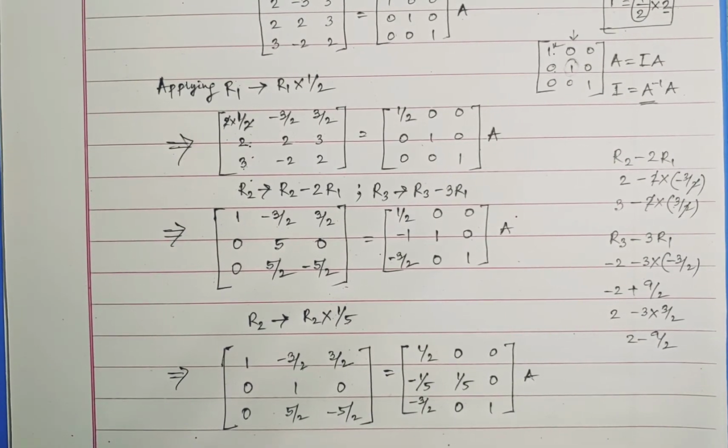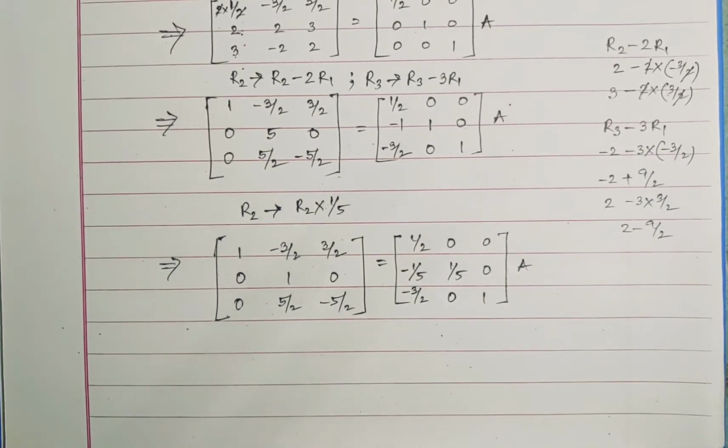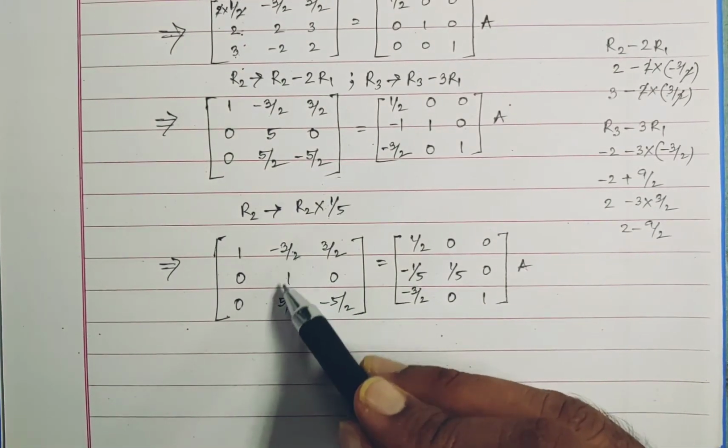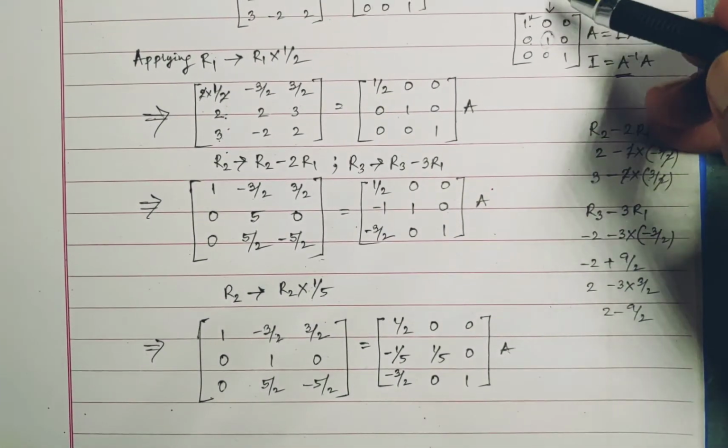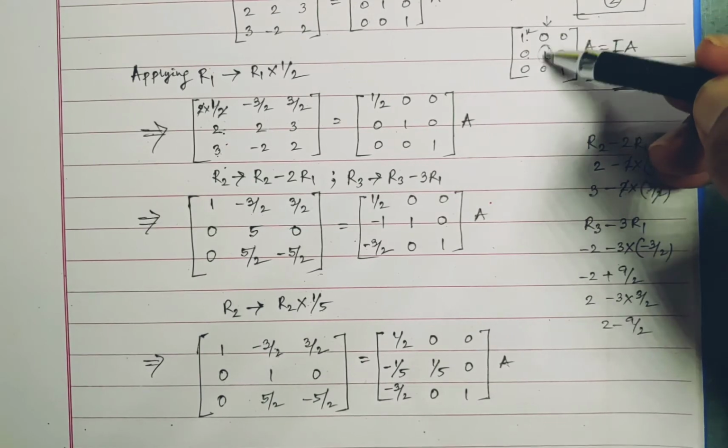Okay, so this is what I get. Clear? Now, after this, we have to think of what operations we are going to do to make these two zeros. Clear?